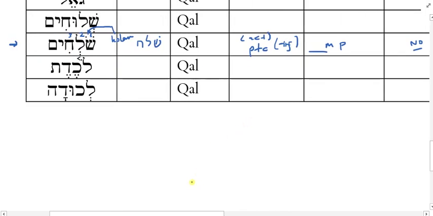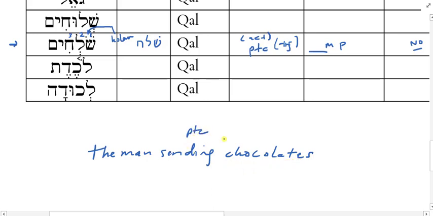If I had something like the man sending chocolates, okay, who is being described by the participle sending? Yeah, the man is being modified or described by the sending, by the participle. And is the man actually doing the sending? The man sending chocolates? Yes. Okay. But on the other hand, if I had something like this, the man sent from God.